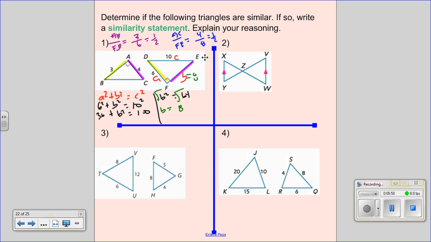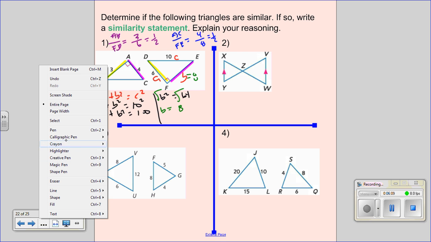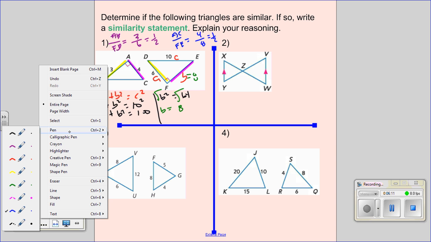So since the ratios are the same, those two sides are proportional. So we have two sides and an included congruent angle. So yes, these triangles are similar. So we would write the similarity statement.